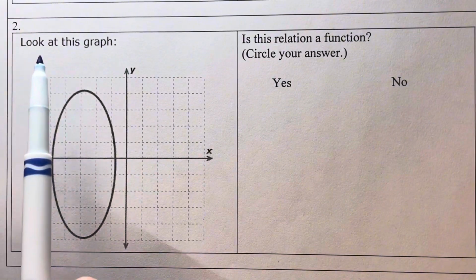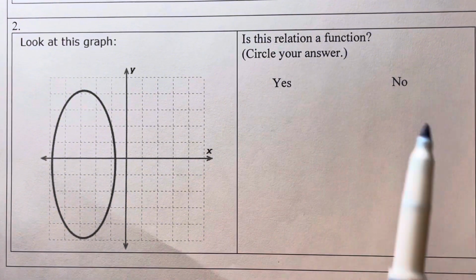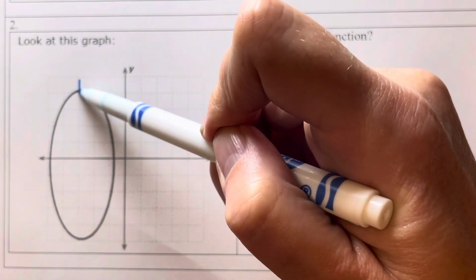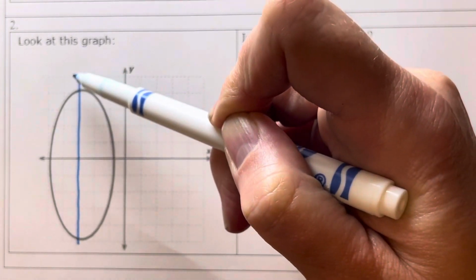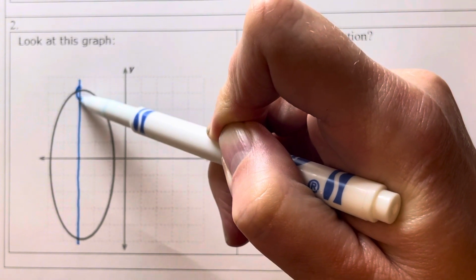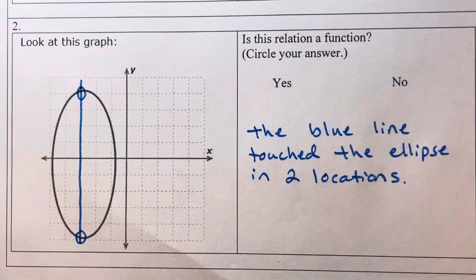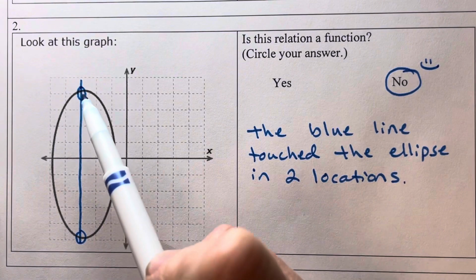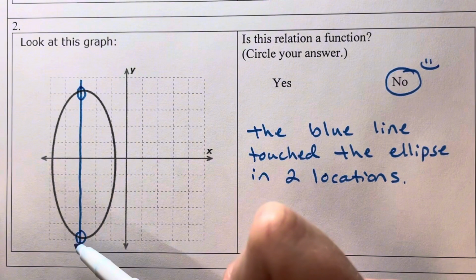In example 2, we want to know if this graph of an ellipse is a function. So let's use the vertical line test. If I draw a vertical line anywhere at all, and we see that this blue vertical line has bumped into our ellipse in not one but 2 locations, then it cannot be a function, because in order to be a function, it must only hit the curve one time.